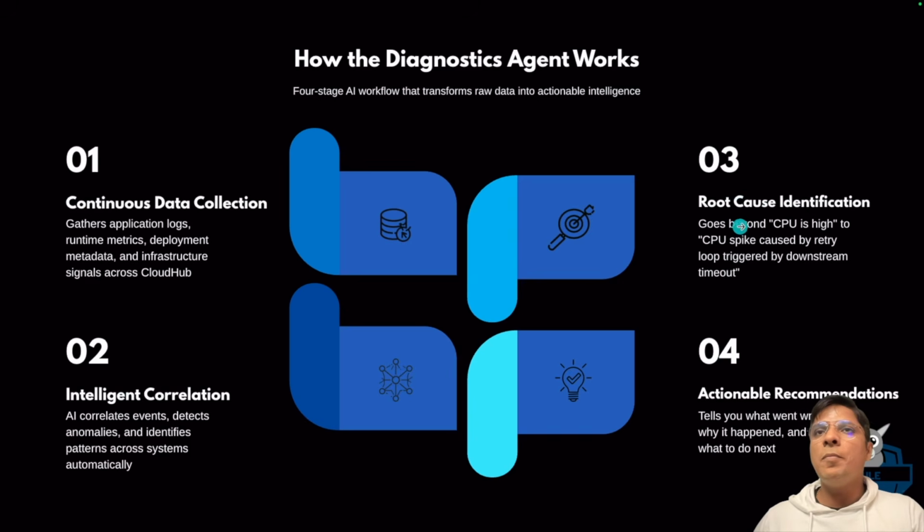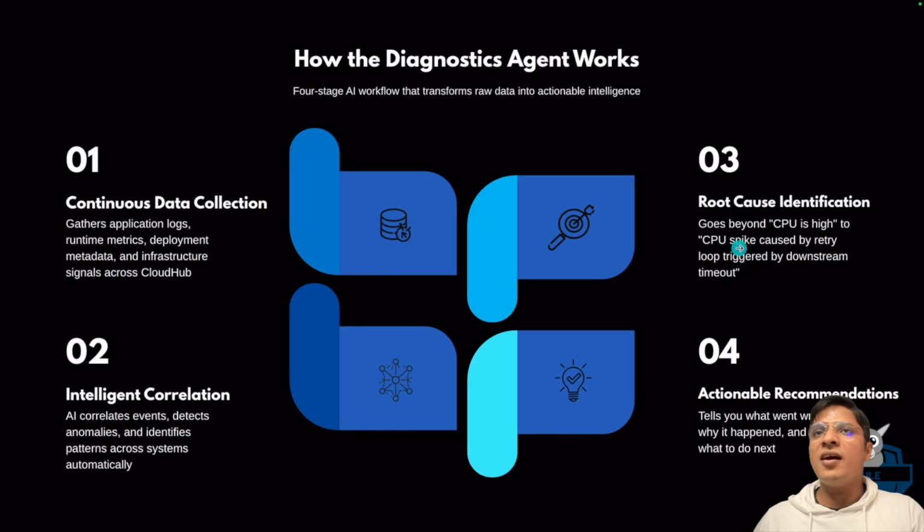And this is the real breakthrough. Your traditional monitoring tool says that there is a CPU usage spike, but our diagnostic agent says the CPU spike is caused by a retry loop inside some flow, and that is triggered by a downstream timeout.